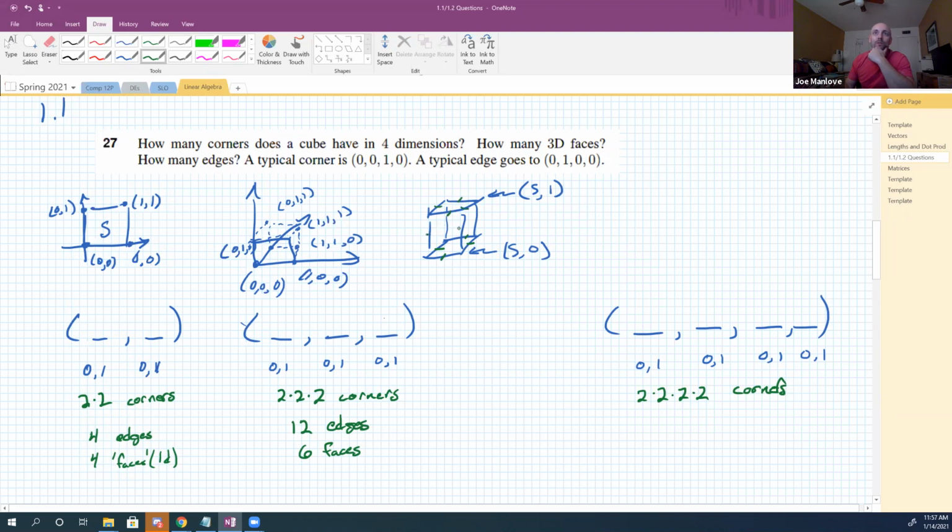And then 4 more to attach those 2 squares. You guys see that? So if I had to count the edges, I'd say it's twice the number of edges from the square plus the number of vertices, corners, sorry, of the square. You guys all see that?